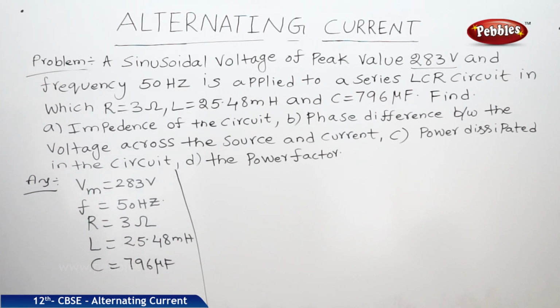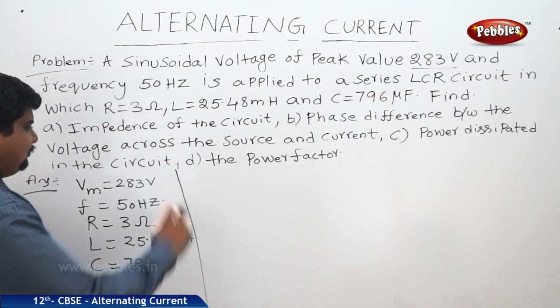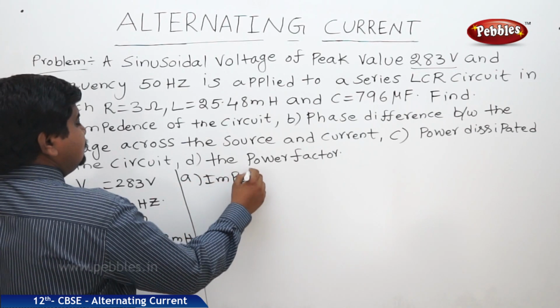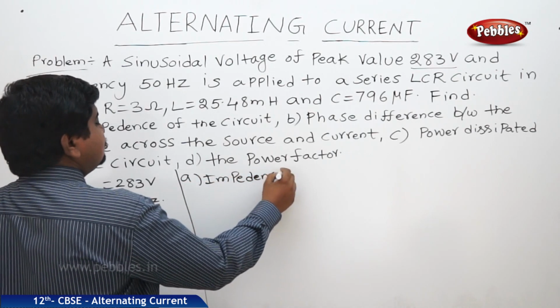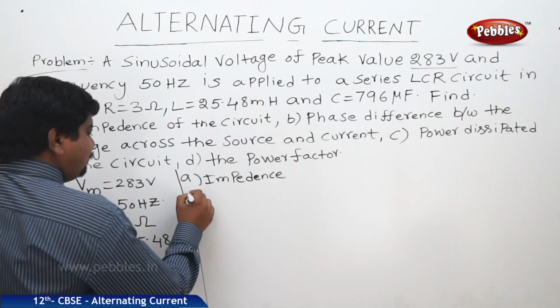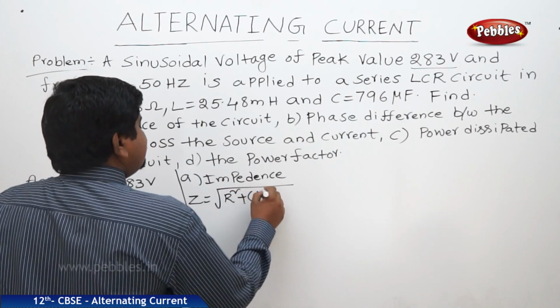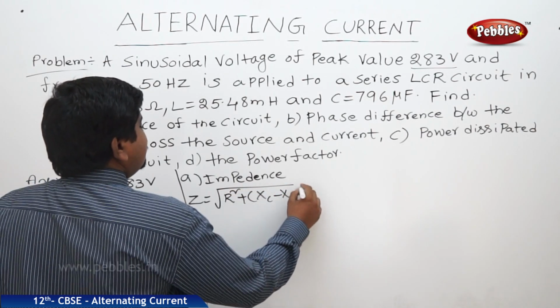Now we will see what are the things we should find out. First one is impedance of the circuit. The formula of the impedance is under root R square plus (XC minus XL) whole square.